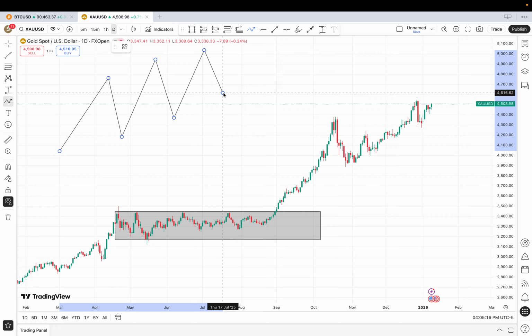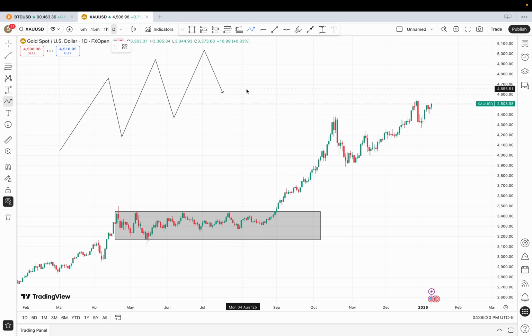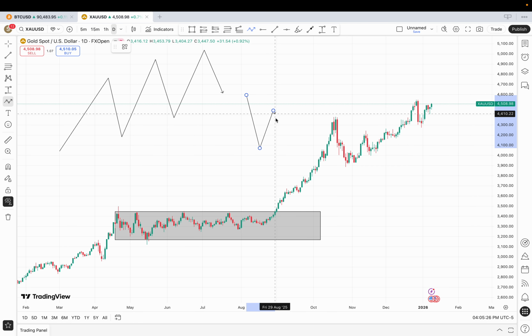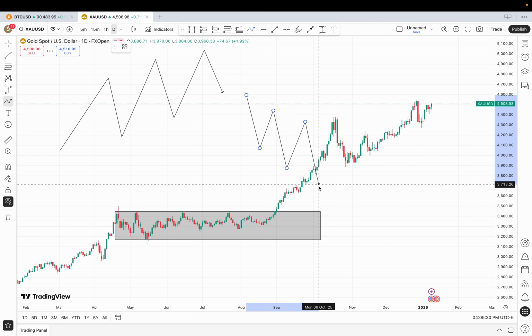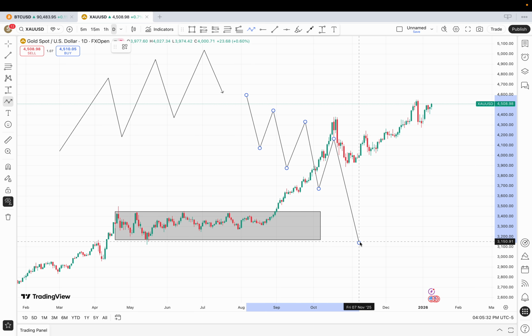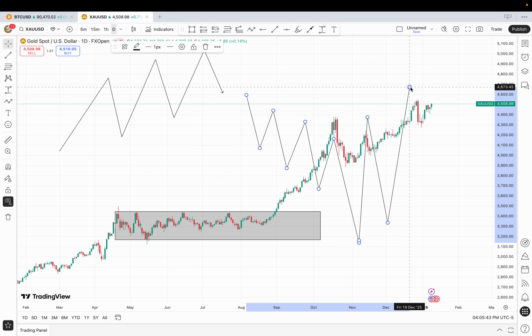This is what we call an uptrend. If you're looking for a downtrend, you have to look for a lower low, lower high, lower low, lower high, until maybe it changes to break the lower high and retest to form a higher low and higher high.